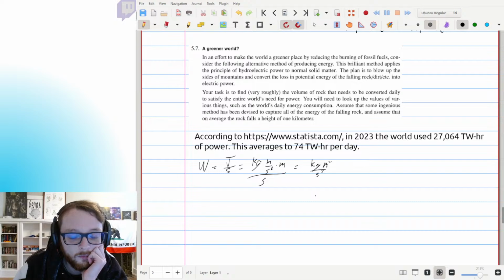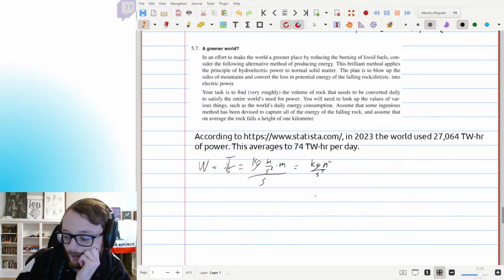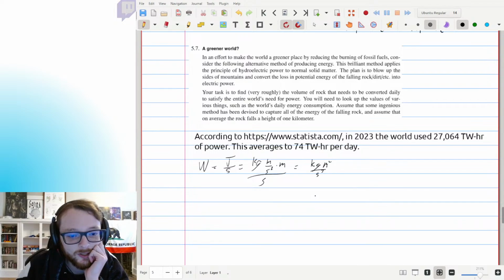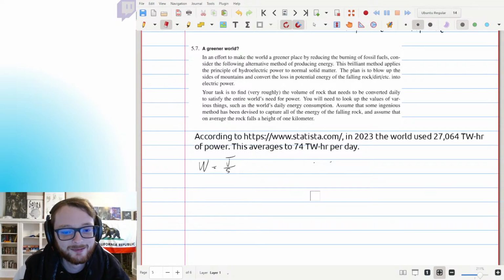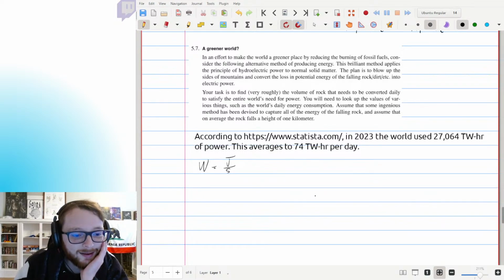Wait, so if I have a terawatt hour, how do these units work? That is energy, it's not power, right? We have 74 terawatt hours is equal to something involving joules.